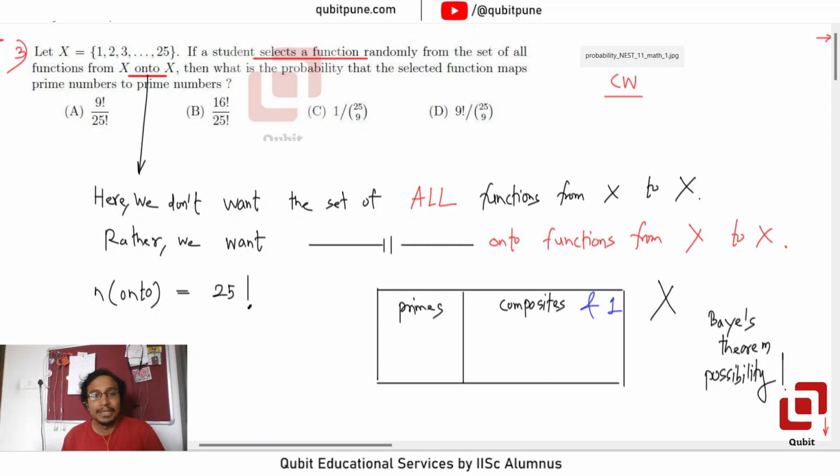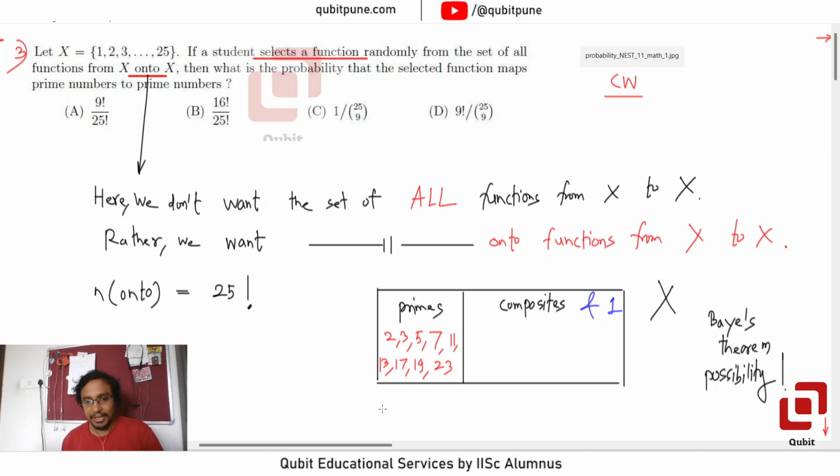Okay, how many primes are there? 2, 3, 5, 7, 9 नहीं आएगा, 11 आएगा, 13 आएगा. Looks like we need more space. 2, 3, 5, 7, 11, 13, 17, 19 and 23. तो कितने हो गए? 1, 2, 3, 4, 5, 6, 7, 8, 9.